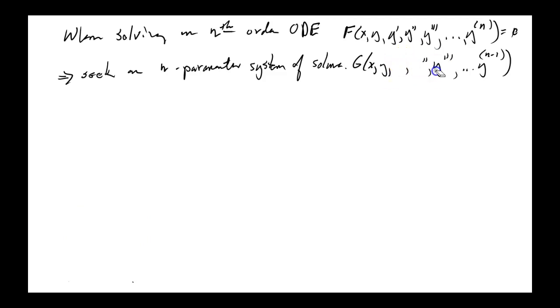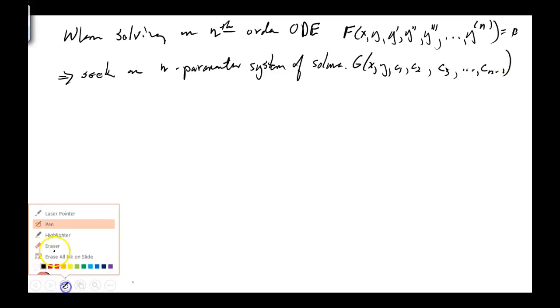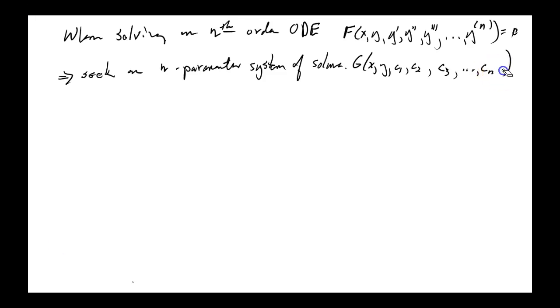I got carried away with my primes again. You're looking for parameters now. And this g is a function of x, y, but then c1, c2, c3 up to c sub n minus 1. Now that's where the n minus, no? That's right. You need n of them. I'm sorry, I got that crossed up.